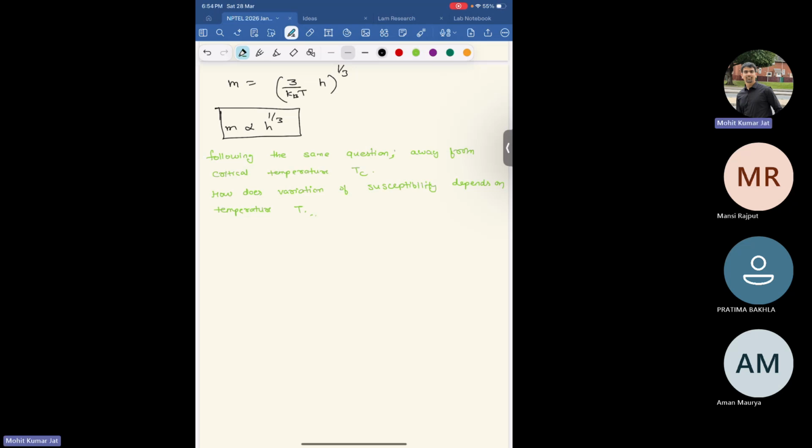So we know the susceptibility, right? The magnetization M is equal to chi times H, and this chi is nothing but the susceptibility. H is the magnetic field, M is the magnetization.